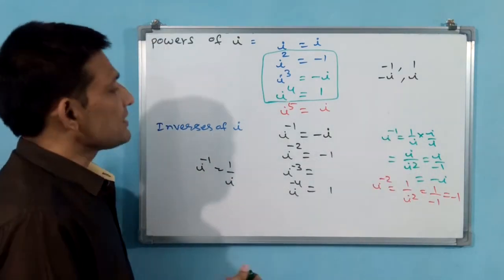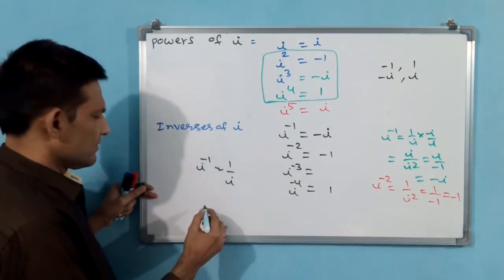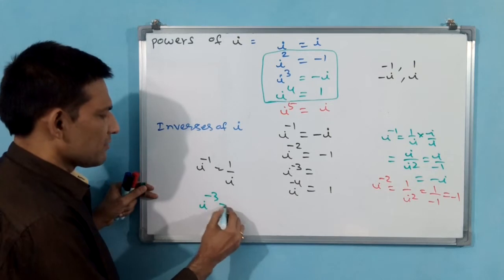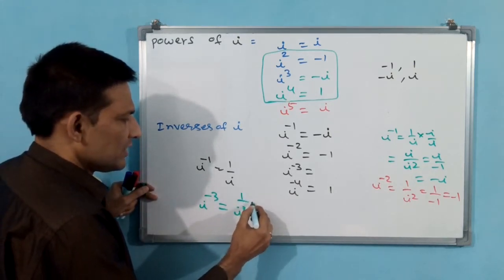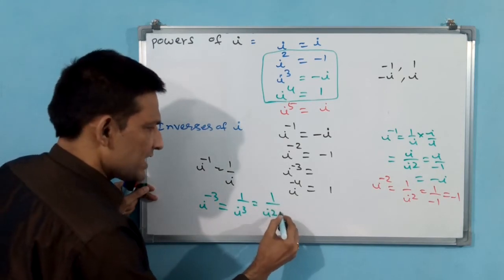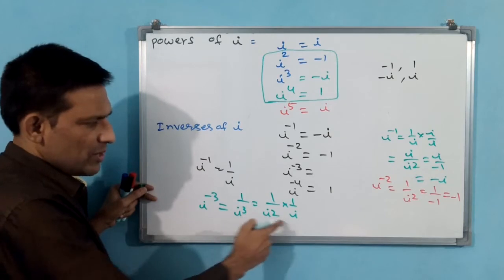Now let us see the inverse of i cube, that is 1 by i cube. We know i square into i, so i cube is in the denominator.